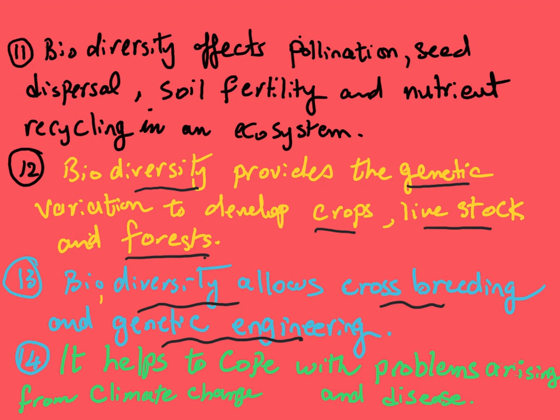Crossbreeding, because if you have two different species or closely related species, you can crossbreed them in order to get a higher rate of the product, or make the living organism more productive, or to increase the size of a crop, and so on. And again, biodiversity helps to cope with problems arising from climate change and diseases.